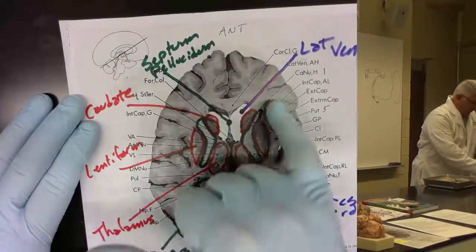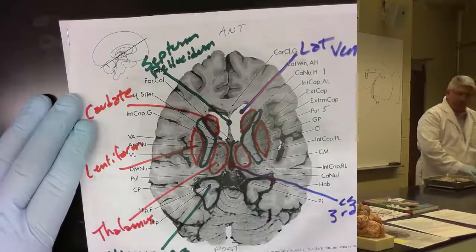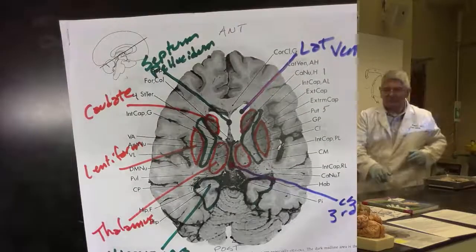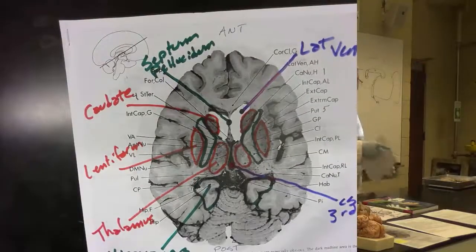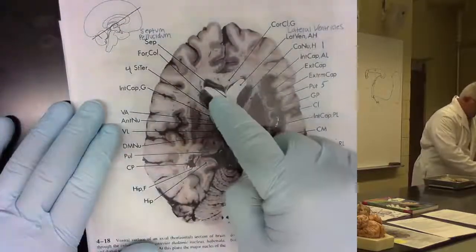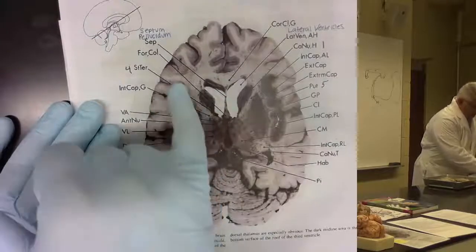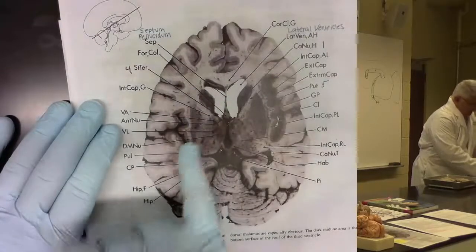This white fiber mass that's circled in green here is the internal capsule. It's easier to see on this one, it's not marked. So we have caudate, and the white matter here that makes a V shape is the internal capsule.